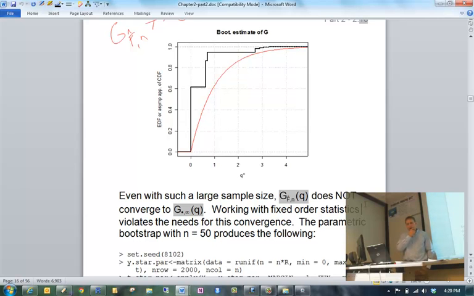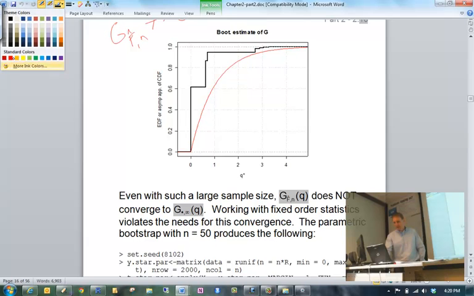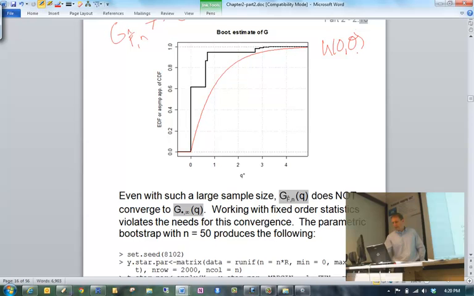And we were looking at a specific example where the bootstrap is not working as we had intended, where we had data that came from a uniform 0 theta. And we know the maximum likelihood estimate for theta in this particular case would be the nth order statistic.